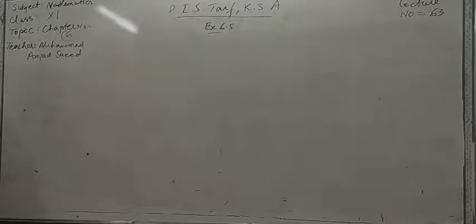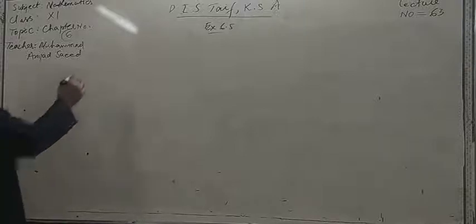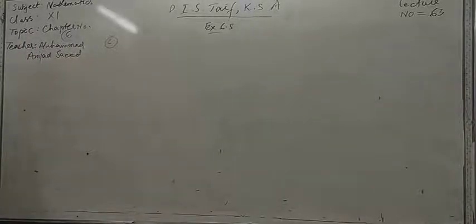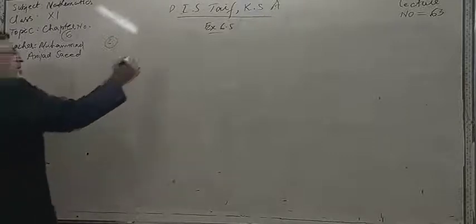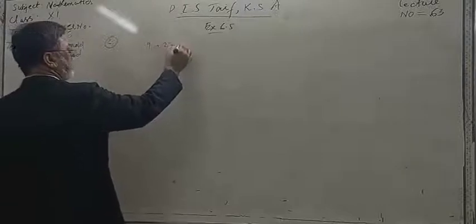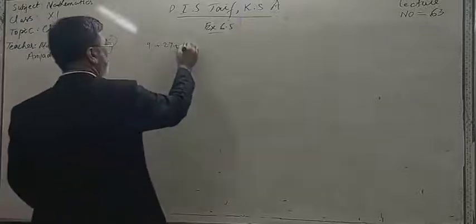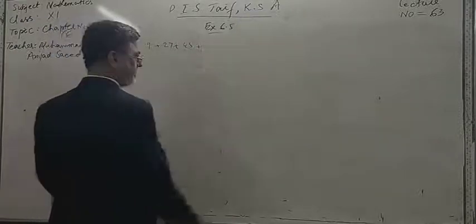An object falling from rest falls 9 meters during the first second, 27 meters during the next second, 45 during the third second, and so on. How far will it fall during the fifth second? First second 9 meters, then 27 meters, then 45 meters, and so on.